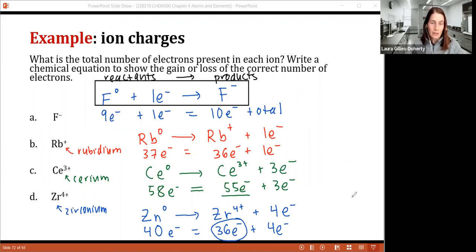And in chemical equations, we only use plus signs. So if something's gaining an electron, you put plus that electron. And if something loses electrons, like with all these metals, you put the electron on the product side because the neutral metal went through the chemical change, losing electrons. So the lost electrons go on the product side. It's like one of the products of that change.